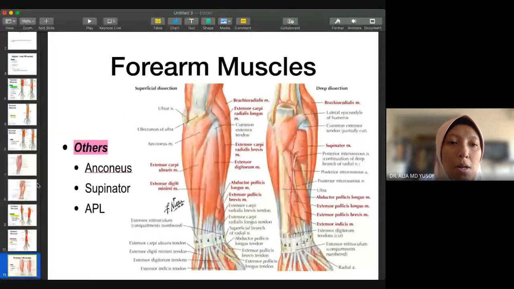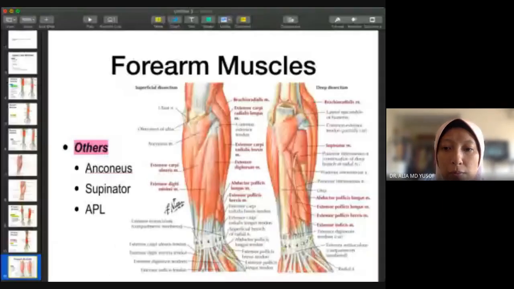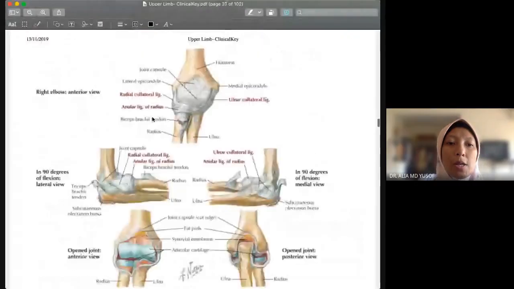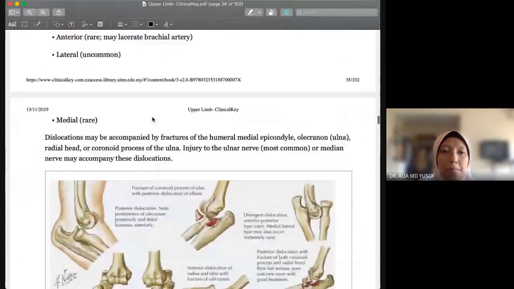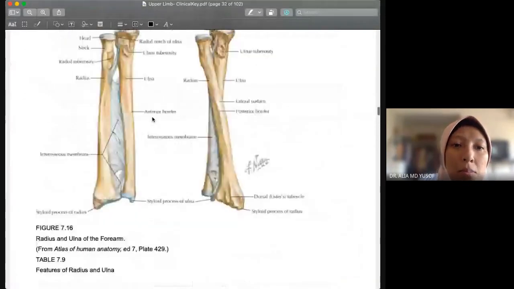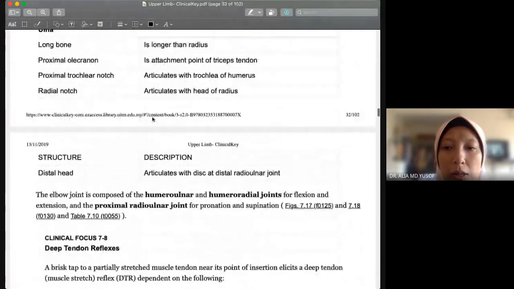Here, I'll show you. I'll just share with you muka surat. Dalam Netter's clinical anatomy, you boleh buka daripada muka surat ni 32.